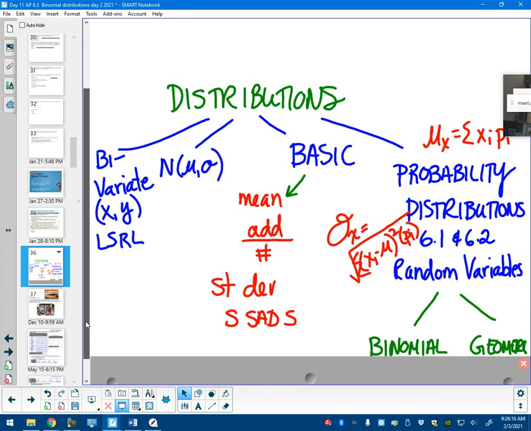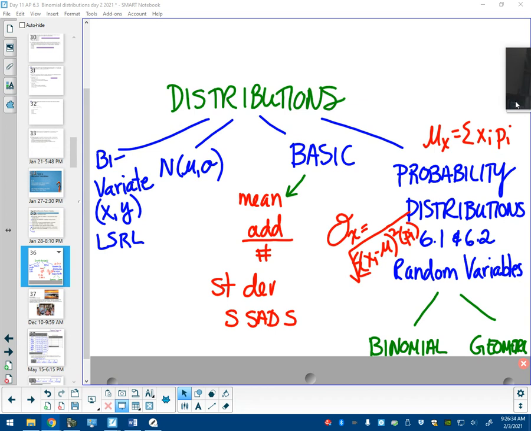You take the mean, you subtract how far each point is from the mean, you square it, you add them together, you divide by n minus 1 for some reason, and you take the square root. Then we went to probability distributions. And if it's a probability distribution, there's a quicker way to find the mean, doing the top times the bottom dance. And you can find the standard deviation a different way too.